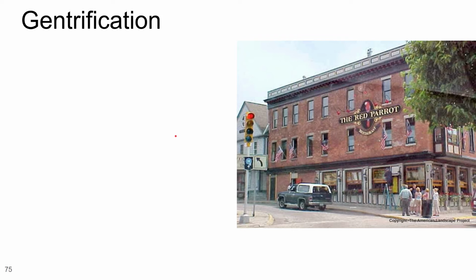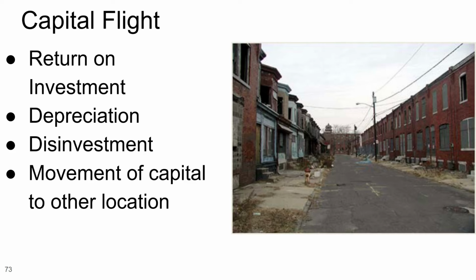And sometimes what happens is gentrification. So as I mentioned, movement of capital to other locations. So if this was a rundown neighborhood, it hasn't been maintained, the buildings haven't been fixed up. Gentrification is when wealthy people, or wealthier, it's all relative, right?